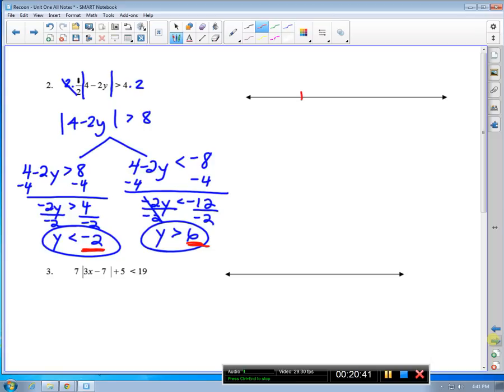Let's plop them on our number line. Let's shade the way they say. Y is less than negative 2. So open circle, less than goes to the left. Y is greater than 6. Open circle, greater to the right.